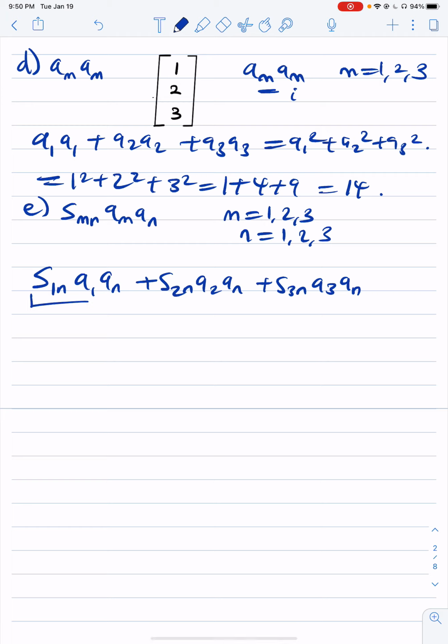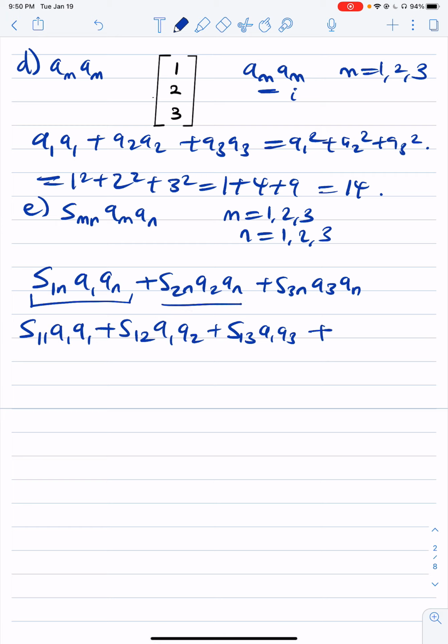Then if you pick just this one first, it should give us S11 A1 A1 plus S12 A1 A2, where N is now 2, plus S13 A1 A3. Plus the next one, S21 A2 A1 plus S22 A2 A2.